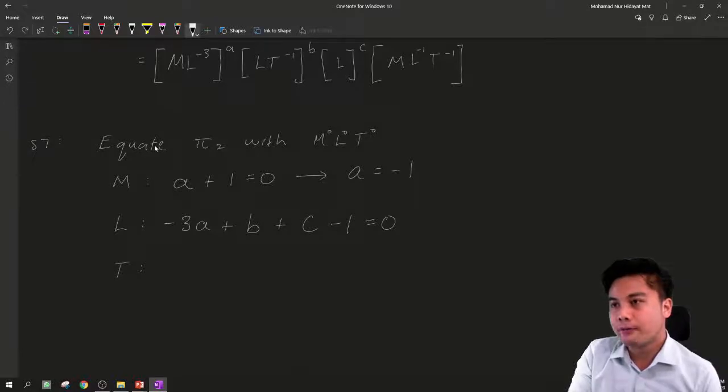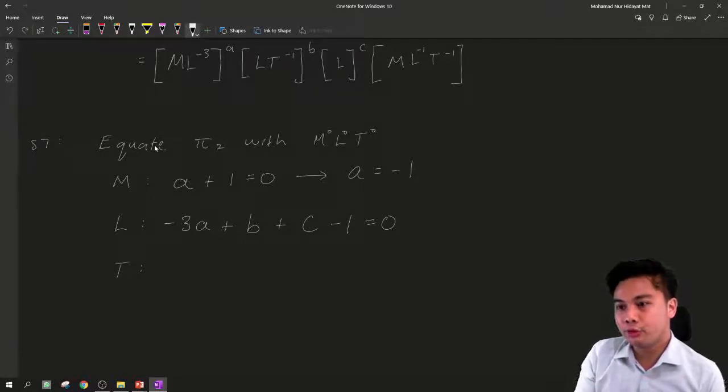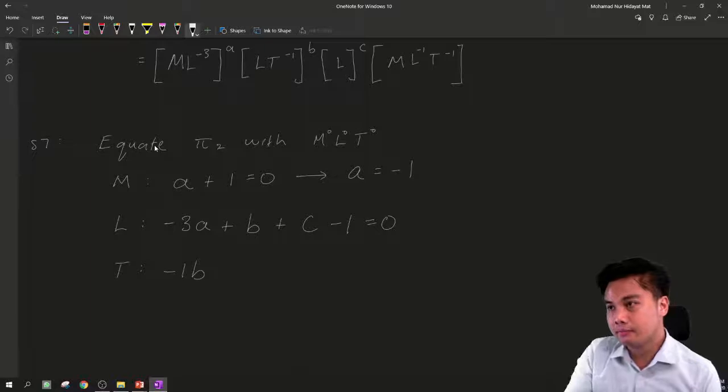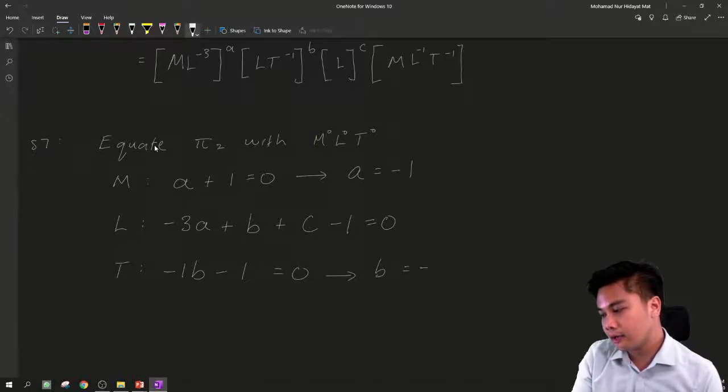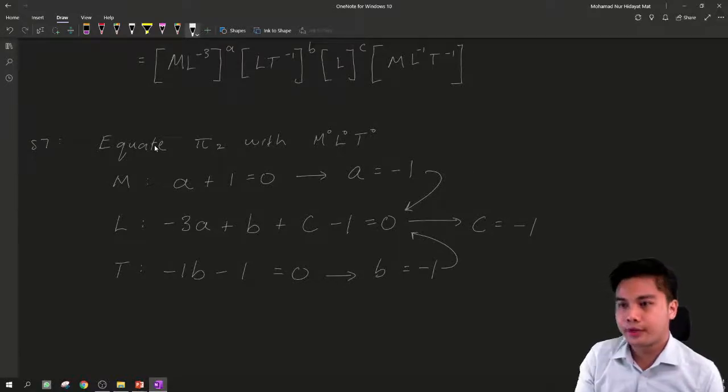No. We have T to the negative 1B, so negative B, and then T here, negative 1, equal to 0. It turns out B equal to negative 1. Based on the values of A and B, substitute into L, and you will get C equal to negative 1. Right?